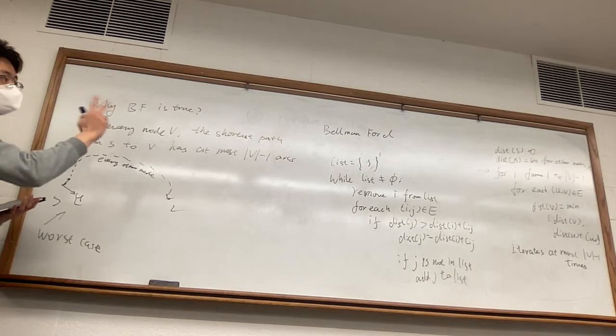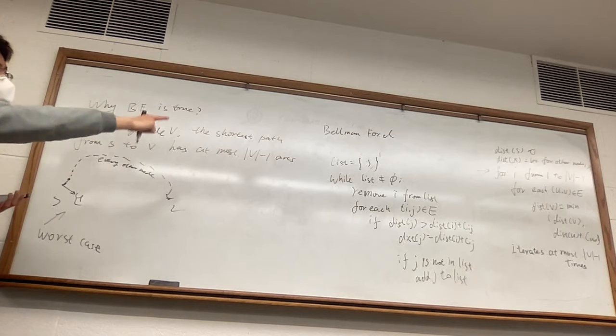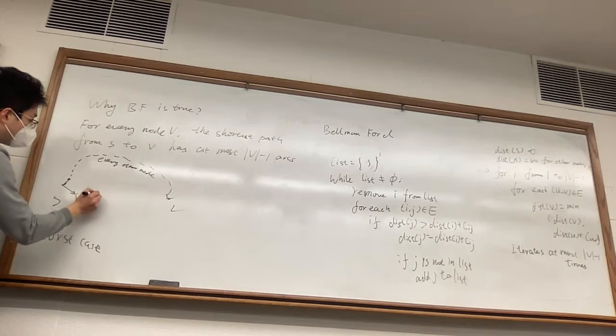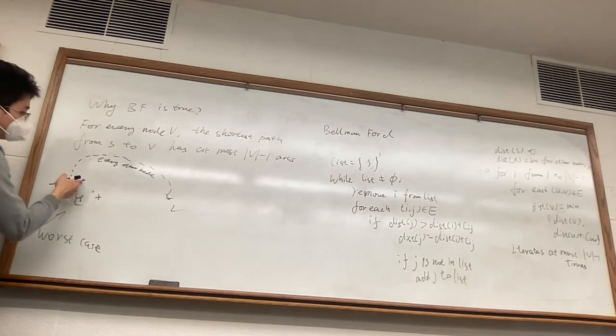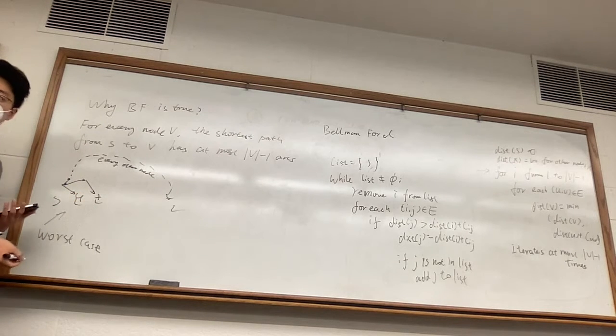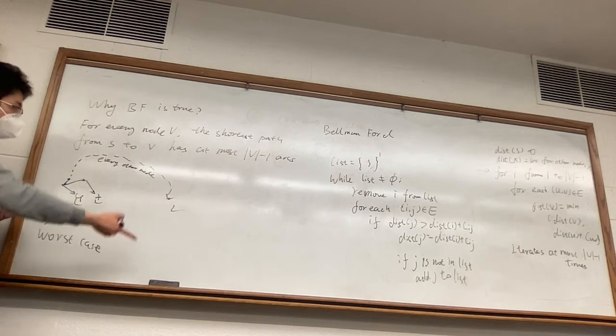Then when I increases from 1 to 2, suppose for some node X, the shortest path is S going to some node and then to X. Then when I equals 2, X is also done. So on and so forth.